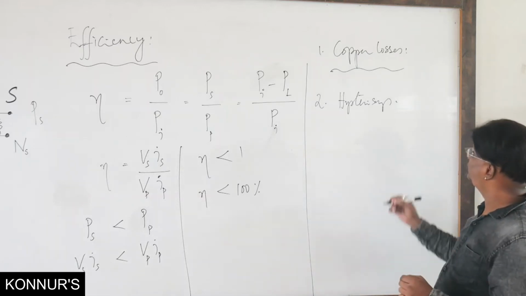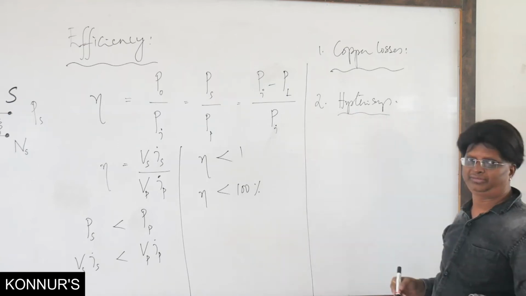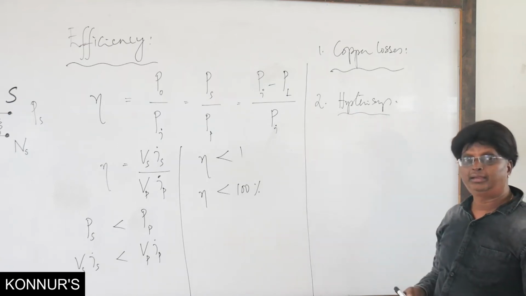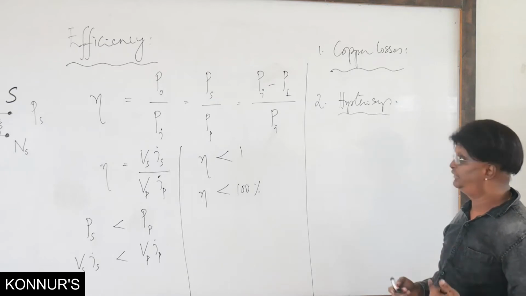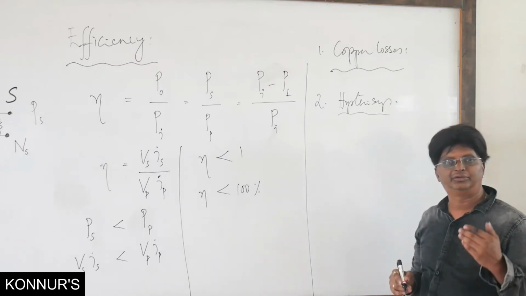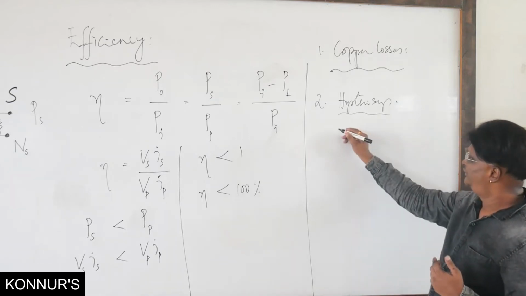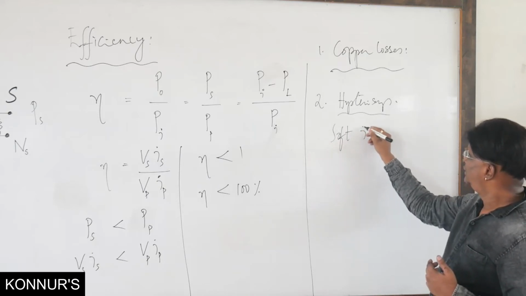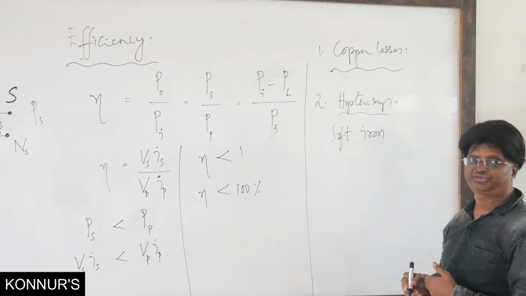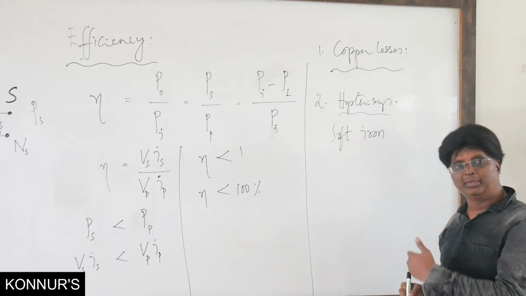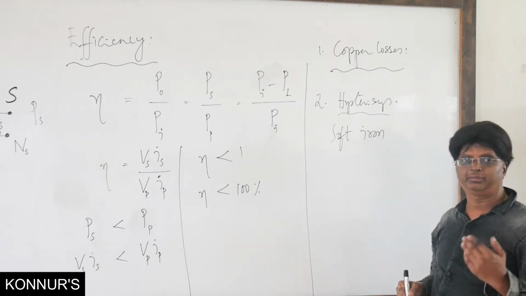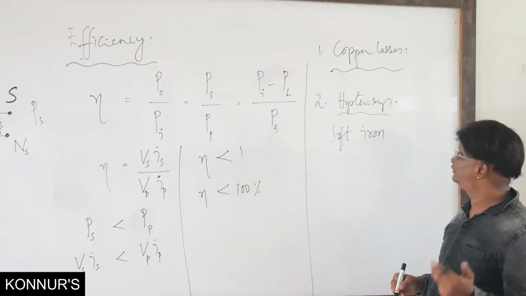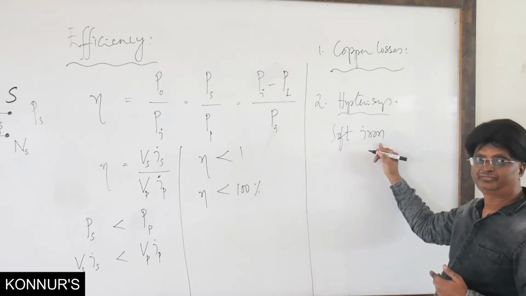It cannot be avoided, but how to minimize it? For that it is the choice of material, and the choice is soft iron, for which coercivity is lower and hysteresis is also less.